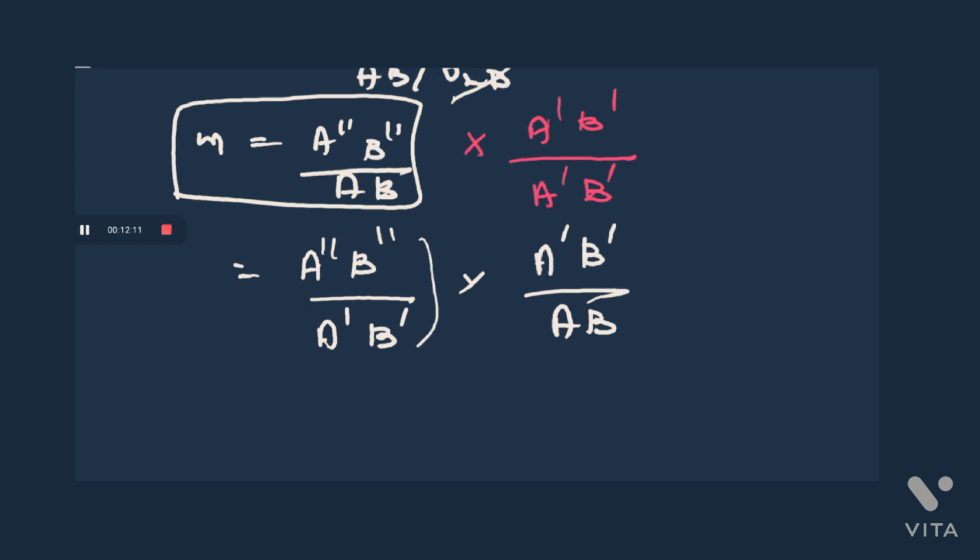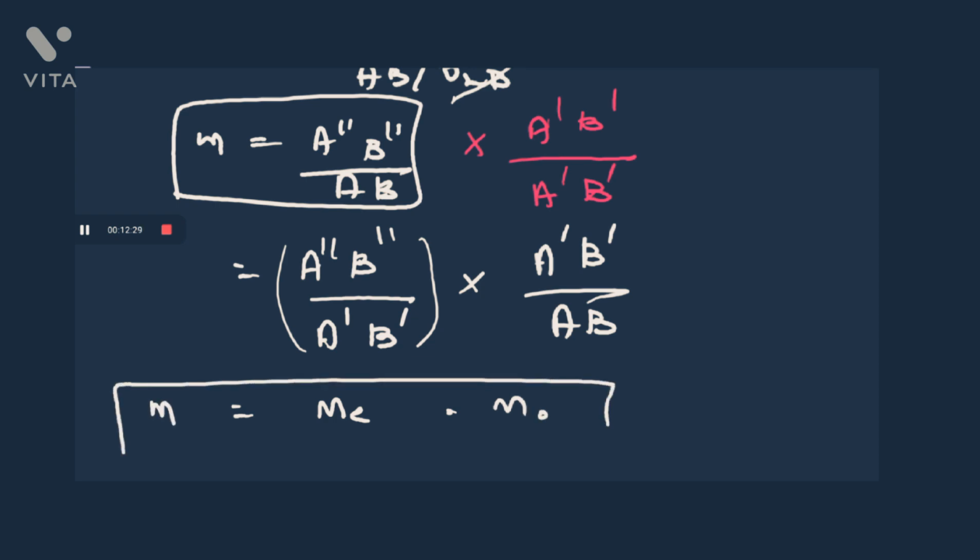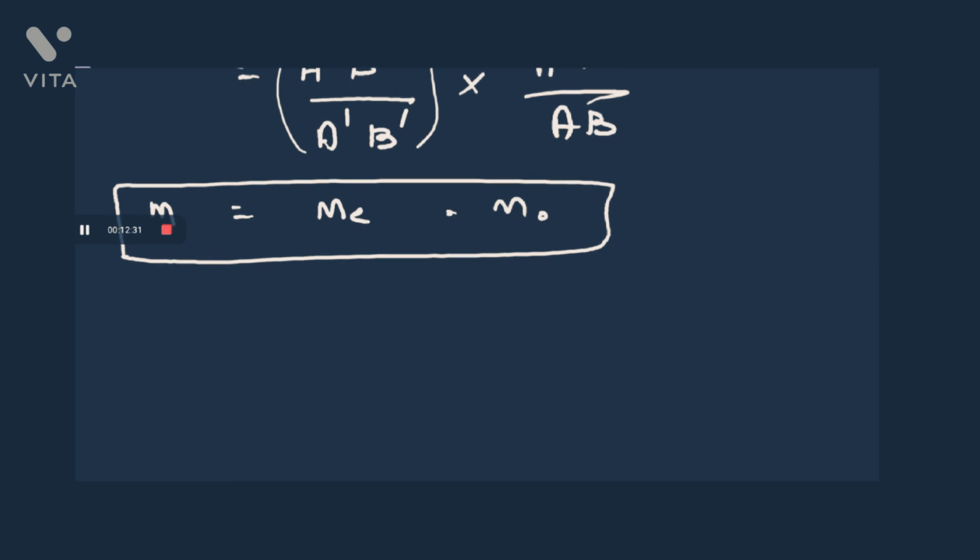This A''B'' by A'B' is the final image by the first image, which talks about the magnification of the eyepiece. The second one is A'B' by AB, the first image by the object, which talks about the magnification of the objective. So your total magnification is the product of ME into M0.